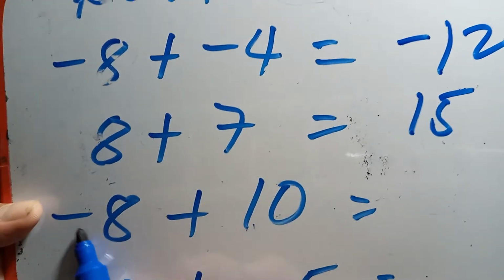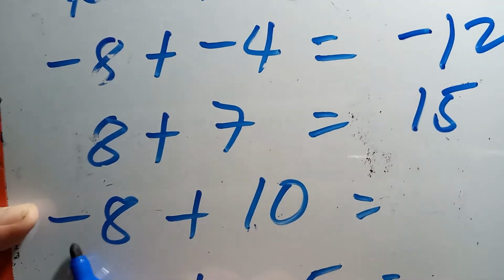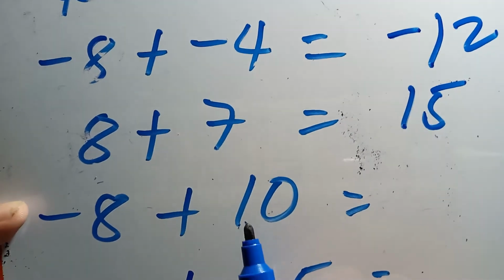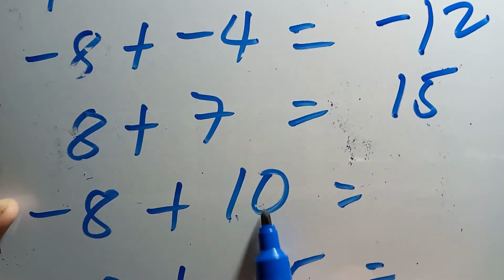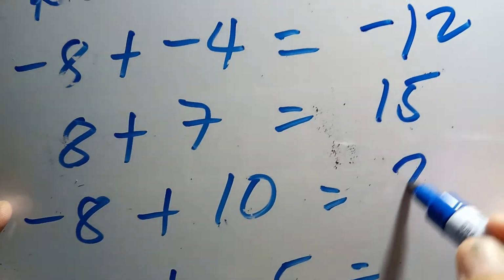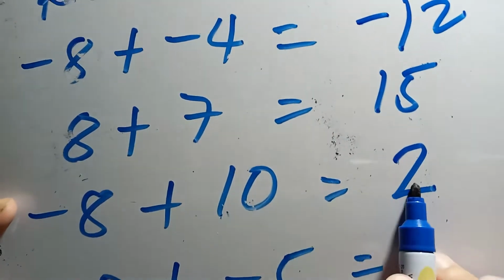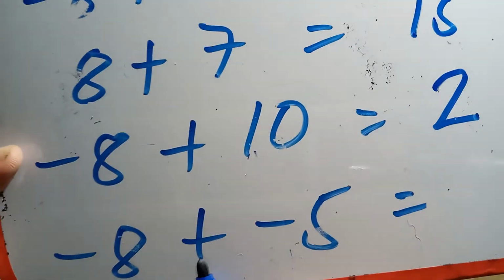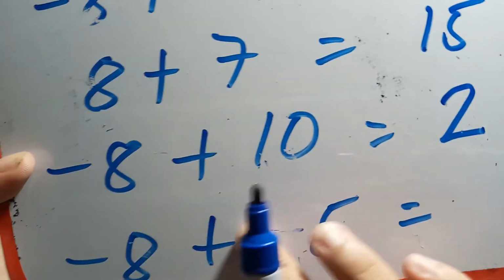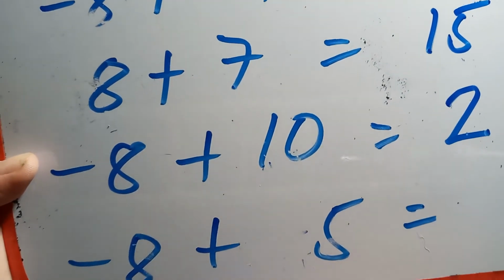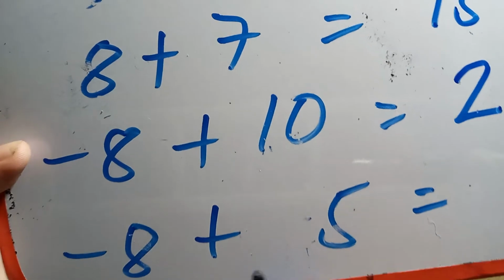Negative 8 plus 10. Different sign. So, you take away 8 in 10. What is left is 2. Positive 2. Another is negative 8 plus 5.